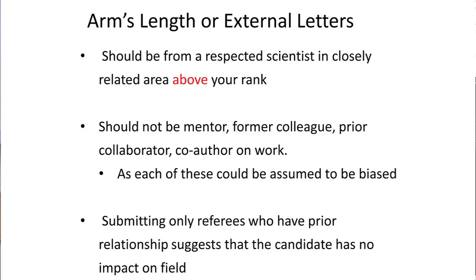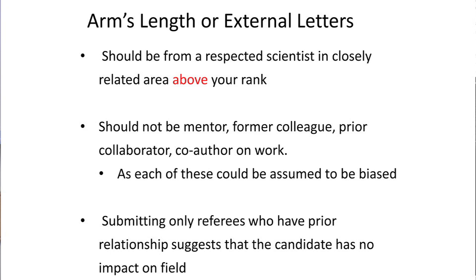Should not be a mentor, former colleague, prior collaborator, now a co-author. All of these are biased. These are people that if you get promoted, it benefits them in some way, somehow. Particularly those who were your mentor, because if you do well, that reflects positively on them. Submitting only referees who have prior relationships suggests that the candidate has no impact on the field.